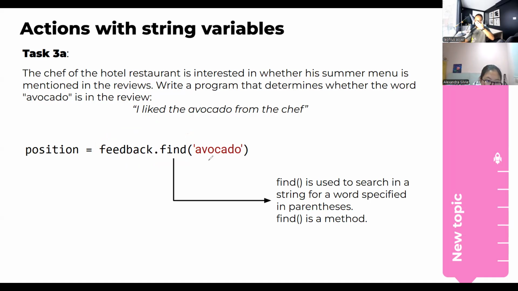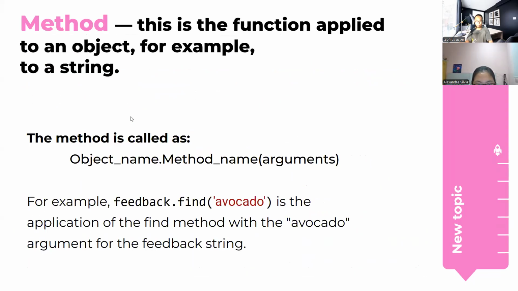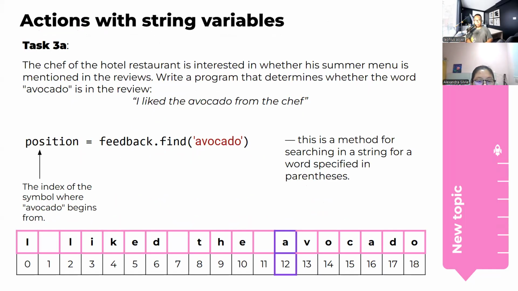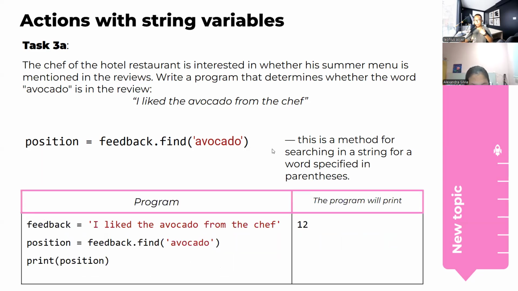You can search for something, and if you want to search for something, just mention the thing inside the bracket, okay? And let's see how to use it. Let's say that you want to find avocado in this sentence, and if you find it, you will get something like this.